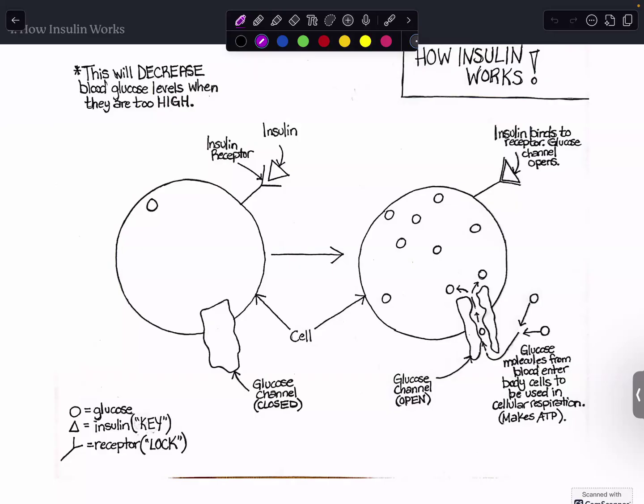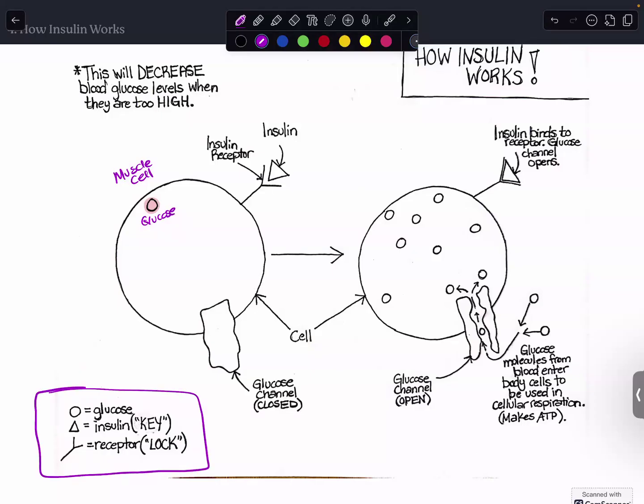Right? So if I look here, I have a glucose molecule inside of a body cell, right? Most likely a muscle cell. Let's say it is a muscle cell. Okay? And this is our glucose molecule. And look, we have a legend down here.